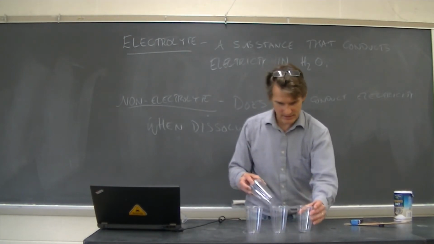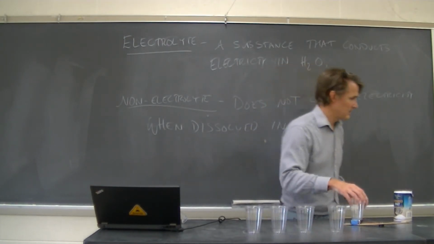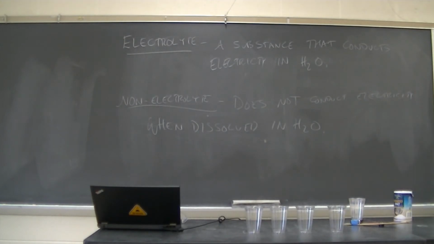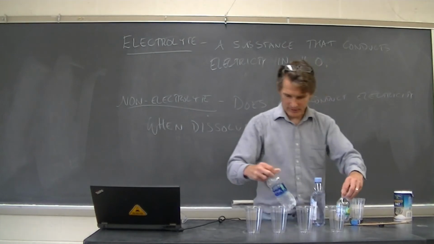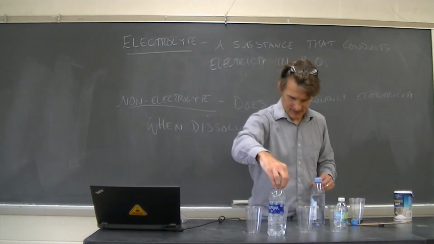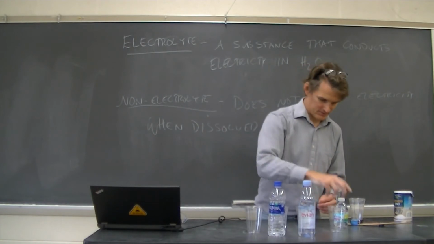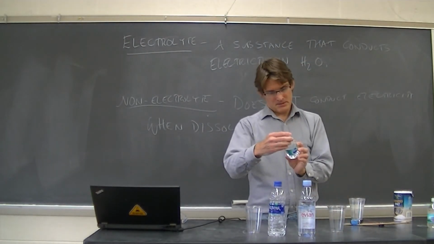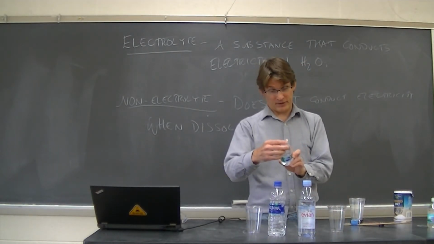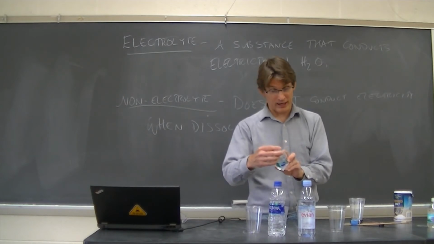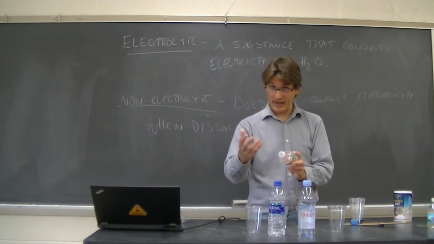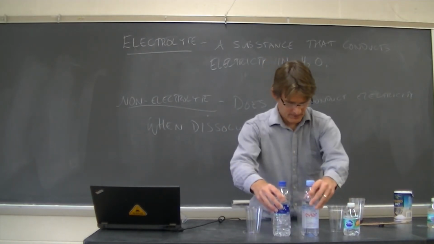We're going to take different types of water. I've got some Aquafina, and I've got some Evian water, natural spring water. And this is purified water that then has calcium chloride, sodium bicarbonate and magnesium sulfate added to it. So here we go.